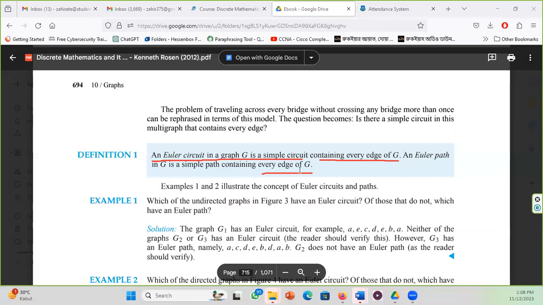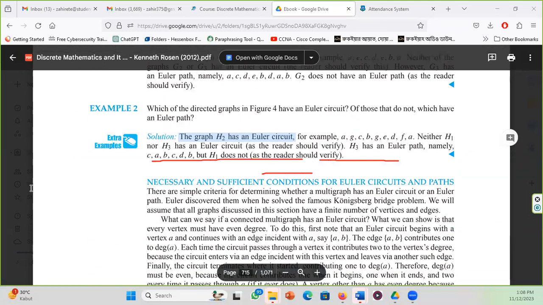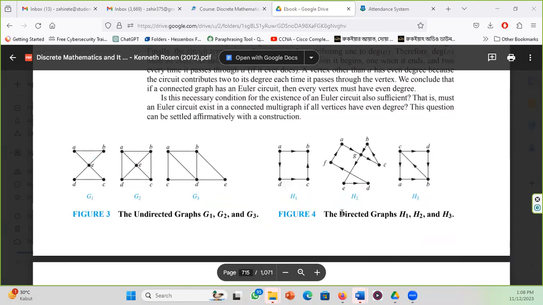Okay. So now we can check. If we consider H1, you can start at A to D, D to C, C to B. And there is also A to B, but you cannot consider it this way.